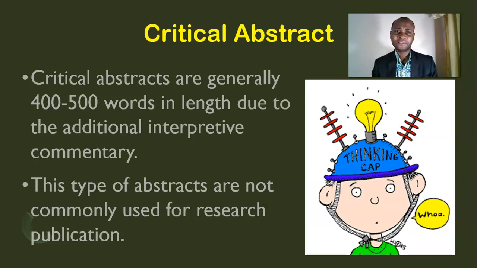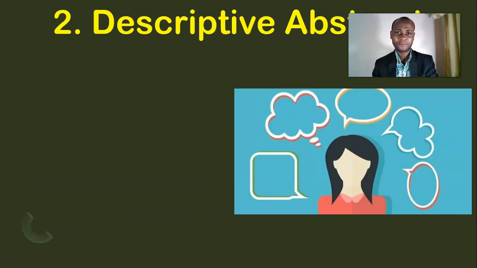The only difference is how it is presented, because in writing a critical abstract we don't use tables, it's just paragraphs. But in graduate school we use tables to indicate the strengths and weaknesses of the paper, and so on.